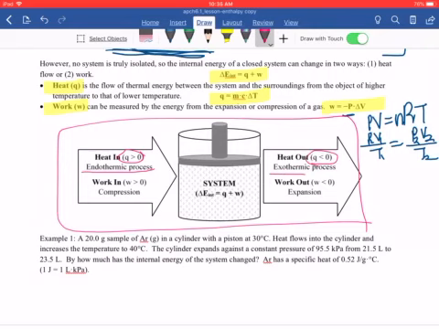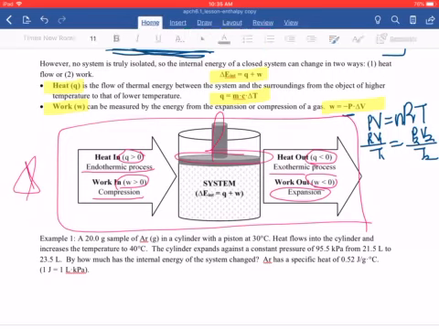Exo is negative, it's less than 0. Work, if it's compressed, so if you're pushing that piston down, this is the piston right here, if you're compressing it, work will be positive, greater than 0. And if you're expanding it, so if you're pulling that piston out, it'll be negative, less than 0. So this one right here, commit that picture to memory.